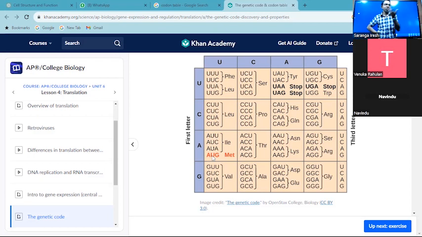When the mRNA has a UAA codon somewhere, no tRNA carries amino acids, so the process stops there.